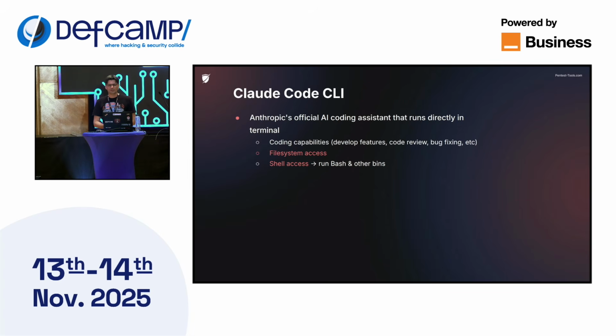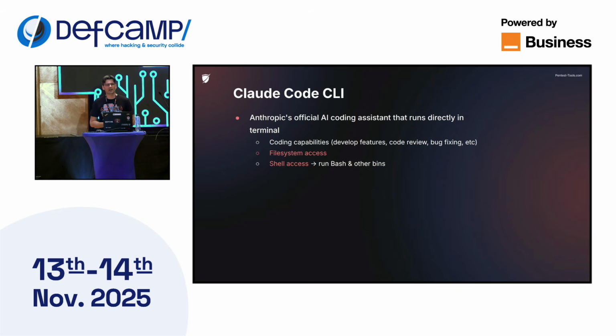About Claude Code, this is the official coding assistant of Anthropic. Its main use case is that you start it inside a folder where you have some source code, and Claude Code can help you develop new features, fix bugs, improve your code, and so on.